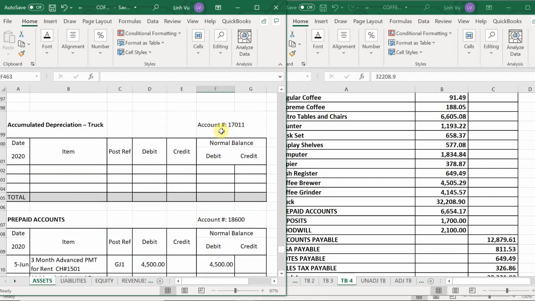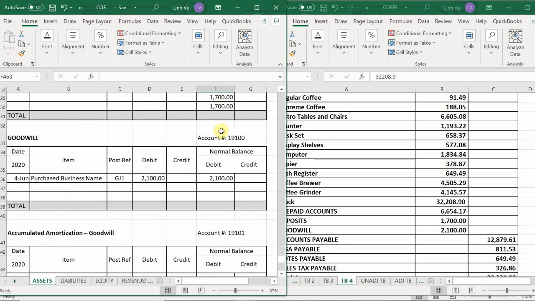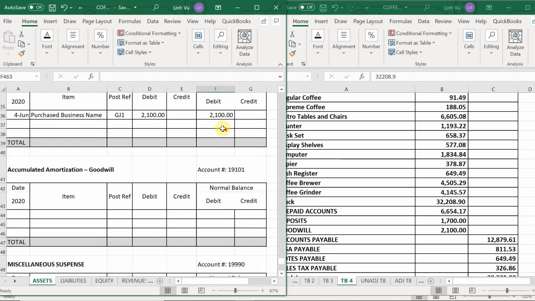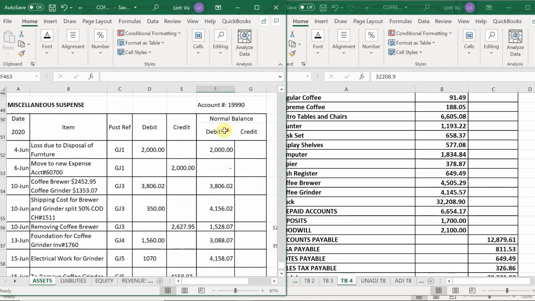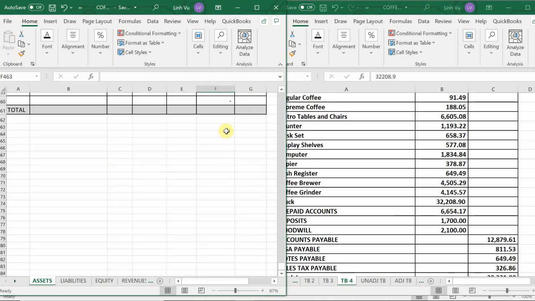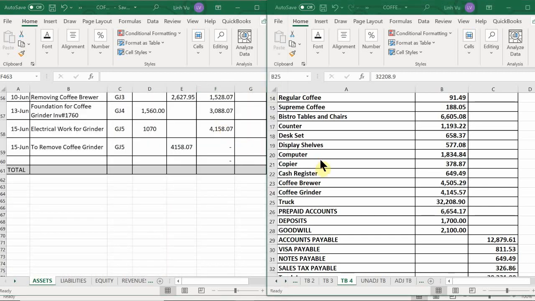Right, prepaid amounts the same. Right, deposits is the same. Even goodwill is the same. We haven't amortized that yet. And miscellaneous expense, nothing. So there you go. We are finally done with our assets, right? And that was a lot quicker than typing everything in and putting in the numbers.